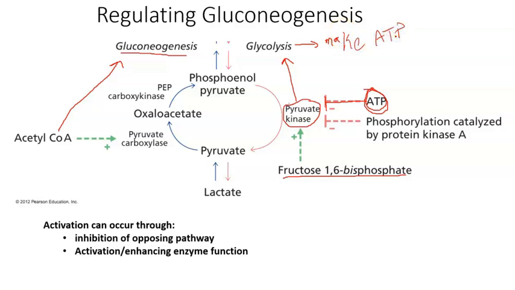And if we have a lot of it already, then that can slow the glycolysis down, since we don't need more ATP, and potentially that can allow us to build up glucose and use that for other processes, for example, making glycogen stores. And we'll come back to this protein kinase A in a little bit. This can also act as an inhibitor of pyruvate kinase.